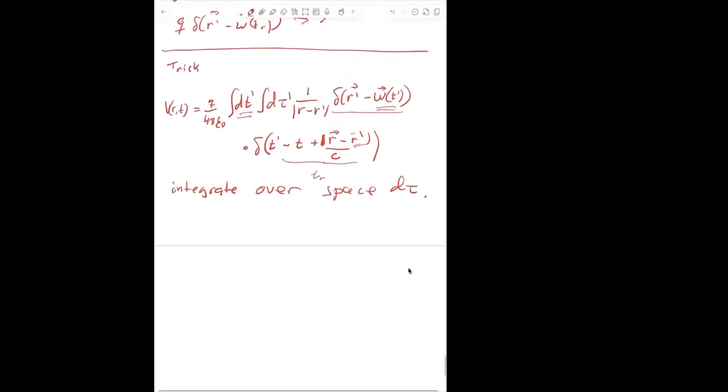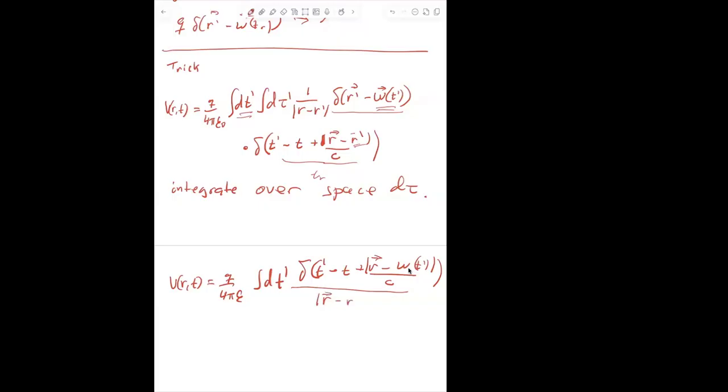So the solution is V(r, t) is Q over 4 pi epsilon integral dt prime delta of t prime minus t plus |r minus w(t prime)| over c. That is again the retarded time.